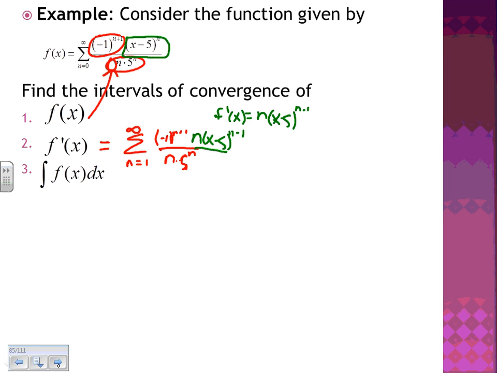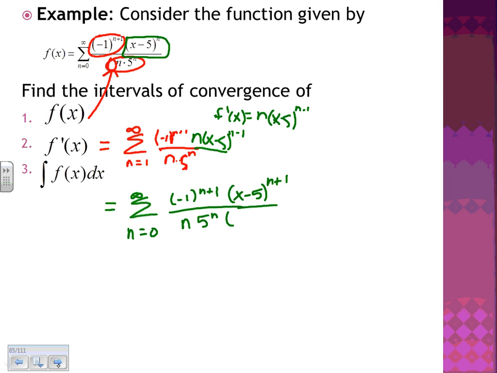It makes you always remember that. So again, the coefficient part that Mason has circled in red is going to come along for the ride. Then I'm going to have x minus 5 raised to the n plus 1, all divided by n plus 1.